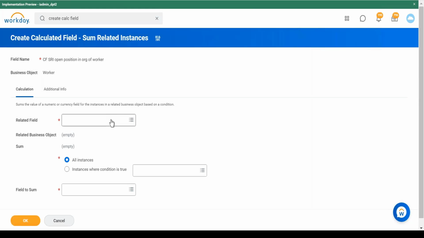If you remember, in count related instance, this would be the field you are trying to count. But here, this will be the field you are trying to sum, and this is where you have to enter it. I'm trying to find the number of positions in the organization in which the worker is sitting. So let me type organization here.